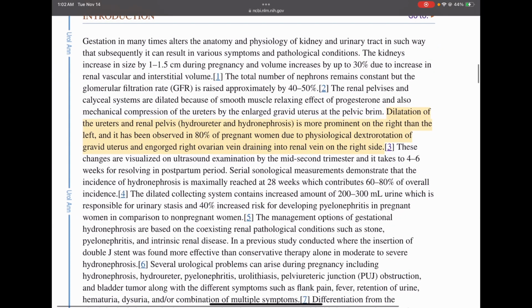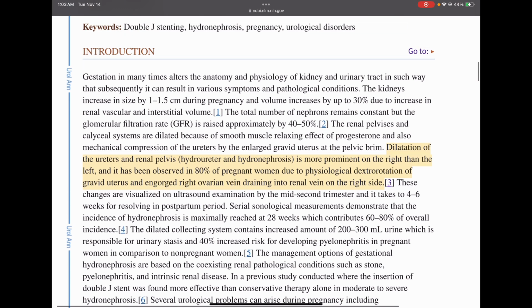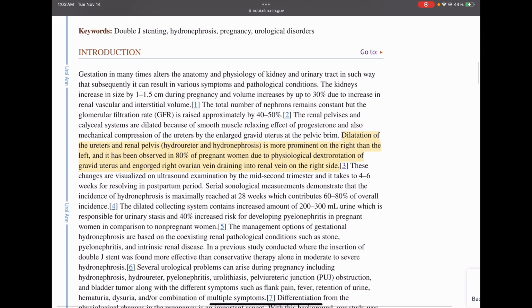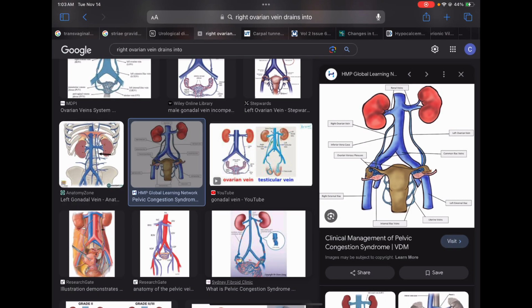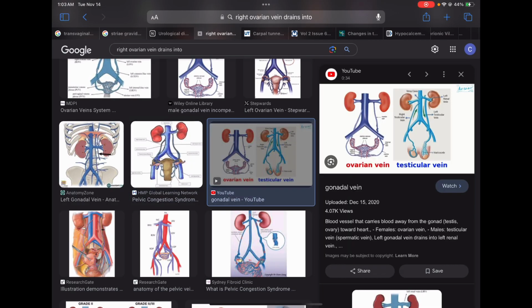So dilatation of the ureters and renal pelvis is more prominent on the right than the left, as has been observed in 80% of pregnant women, due to physiological dextrorotation of the gravid uterus and the engorged right ovarian vein draining into the renal vein on the right side. So because of the dextrorotation of the uterus, there is an engorged right ovarian vein. That's how we could see the vasculature.